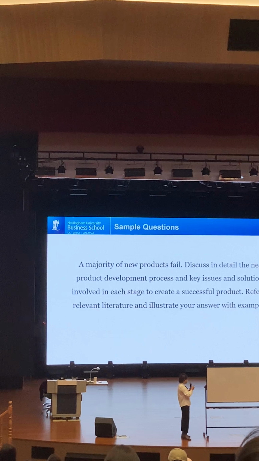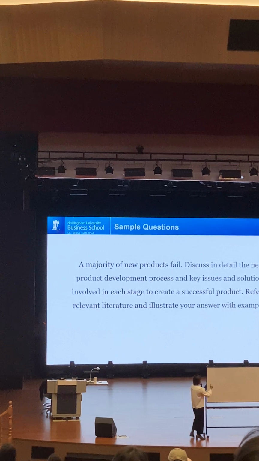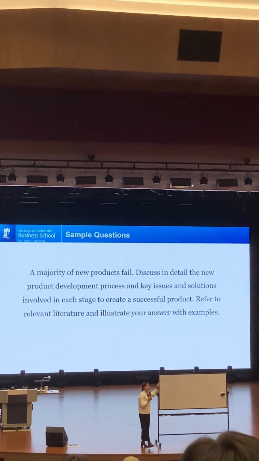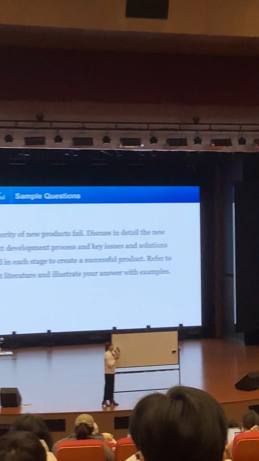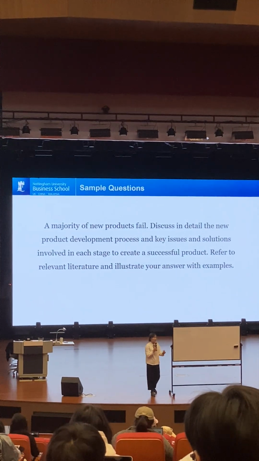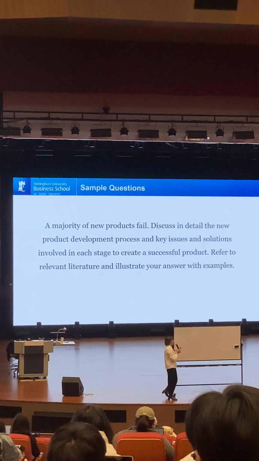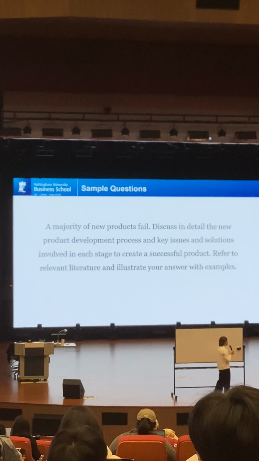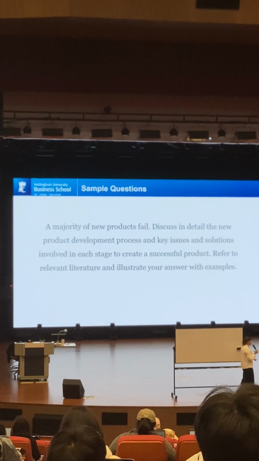Firstly, you should have your introduction, right? In the introduction, do not copy the question. Use your own understanding to illustrate the phenomenon of this question. For example, you would say, nowadays with technology and so on, new product development is very important.